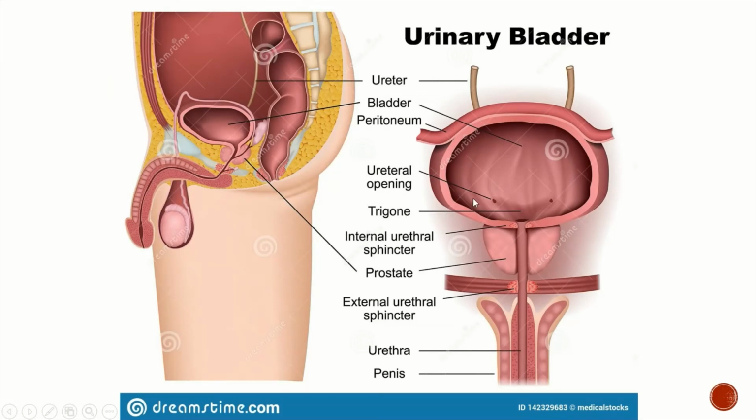This is the same thing on male. We have the urinary bladder and the urethra, longer urethra. The prostate is here, and that is why elderly men may have trouble urinating sometimes if the prostate is enlarged.